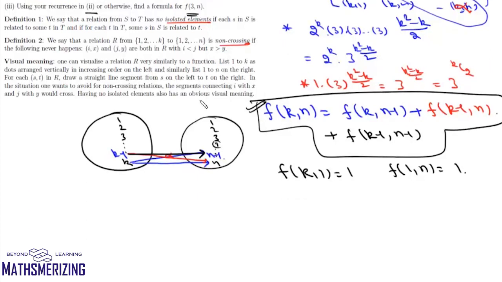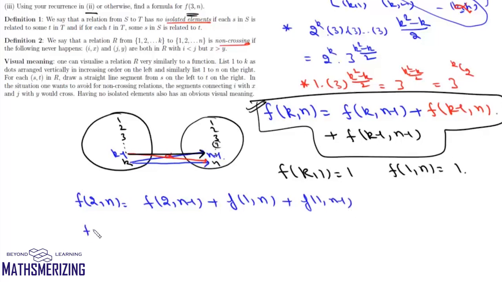Now before F3n, what we'll do is we'll first find F2n. We can write F2n as F(2, n minus 1) plus F(1, n) plus F(1, n minus 1). Now we can rewrite this as F2n minus F(2, n minus 1), and this is 1 and this also is 1, so this value will be equal to 2.